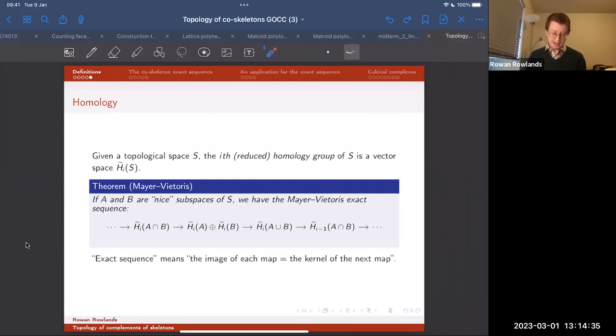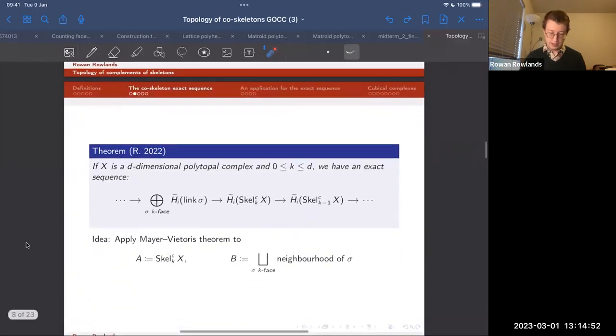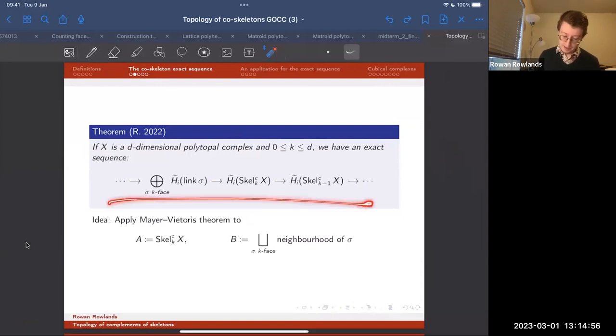Okay, so those are all of the definitions and tools that we'll be using today. Let's apply them and see what kind of results we can get. In particular, we're going to take this Mayer-Vietoris exact sequence and apply it to co-skeletons, and we will end up with an exact sequence that looks like this.